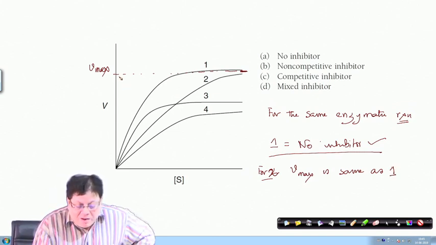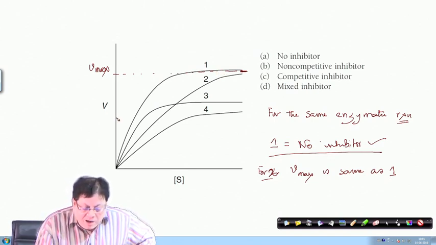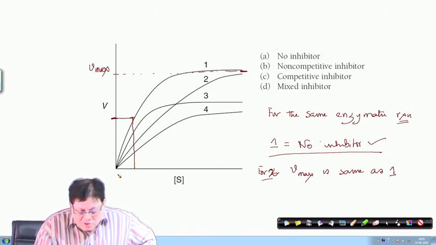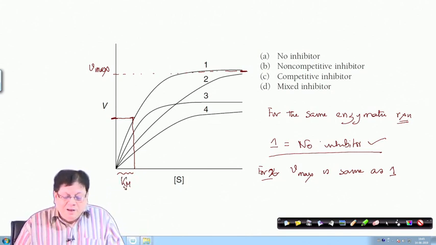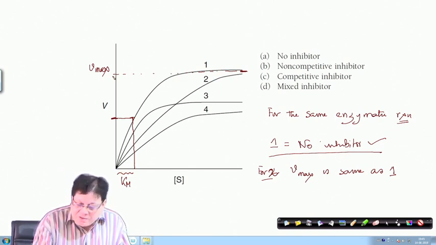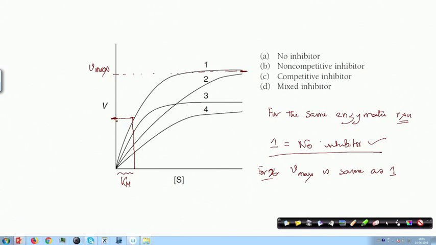Now, this is the number 1 curve which has no inhibitor. What will be the Km value? The Km value will be at half of Vmax, and you draw a line. This is the point, and you see what is on the x axis. This gives your Km. If you consider the number 2 curve, the Vmax is the same, so half Vmax is the same.